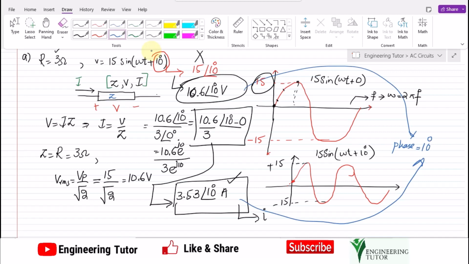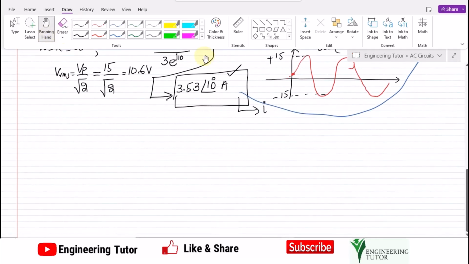So according to this, the current and voltage are in phase when they pass through the resistance. So this is about the voltage and current, and we can very easily see this when they are plotted over the same plot.